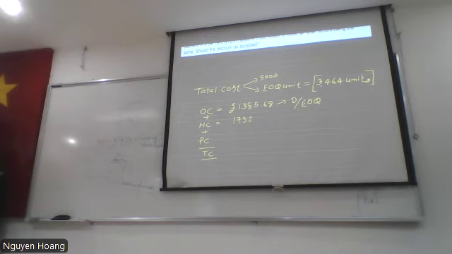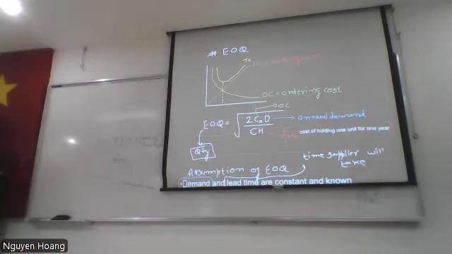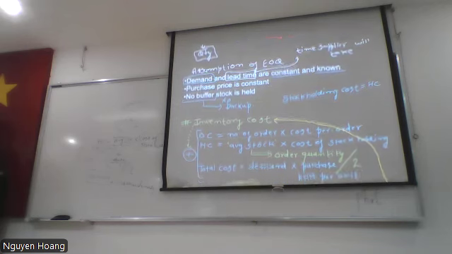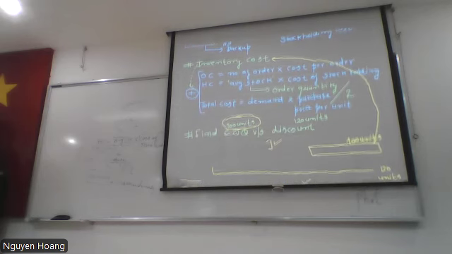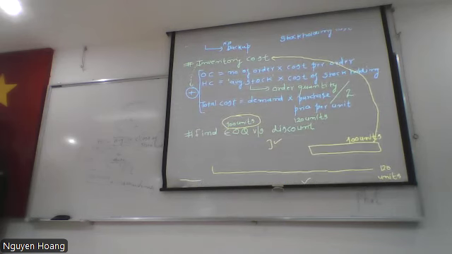Look, this is the way: average stock multiplied by cost of stock holding. Average stock is the order quantity divided by two.